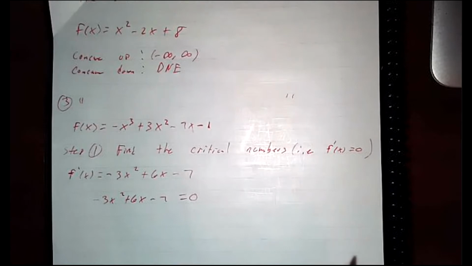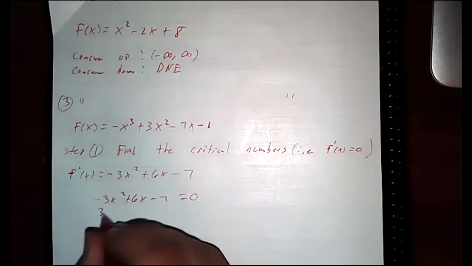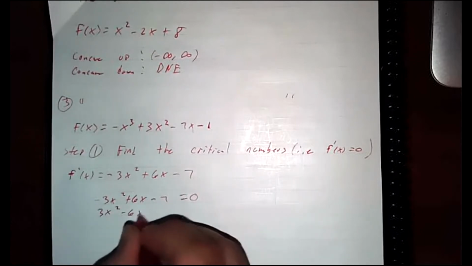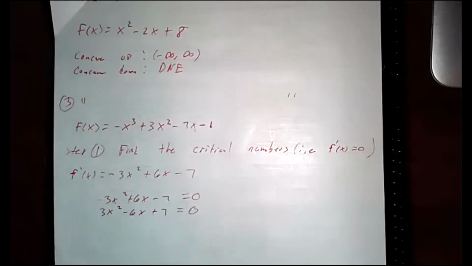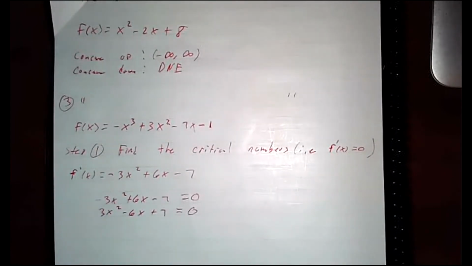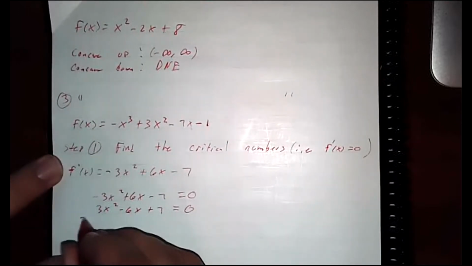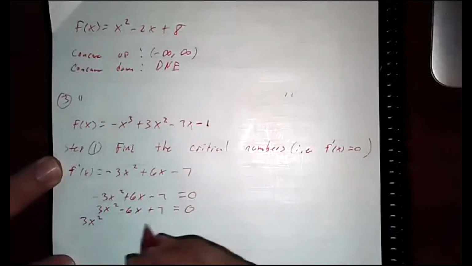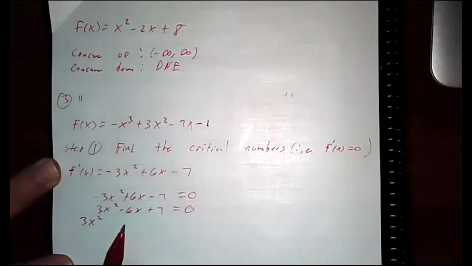Might have to do the AC method or brute force, it's up to you. But I can divide by negative to make this prettier. We just got to find the inner terms: factors of 21 that add up to negative 6.